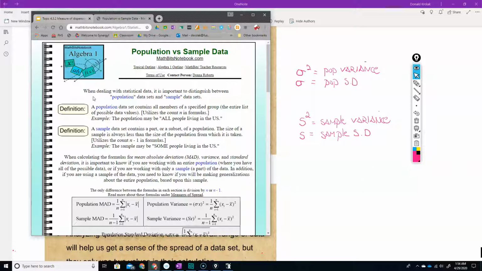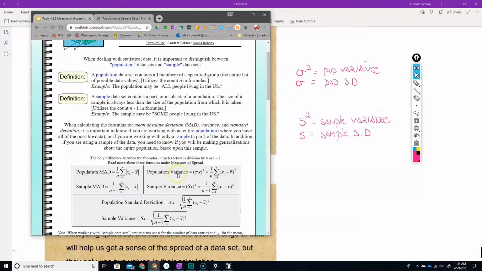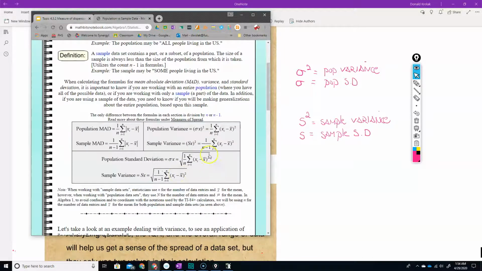The only difference in the formulas is that instead of dividing by the number of data points like we did earlier, which you do when you're dealing with a population, when you're dealing with a sample, you divide by n minus 1. So if there were 10 data points, you would divide by 9. That's the only difference between those two.